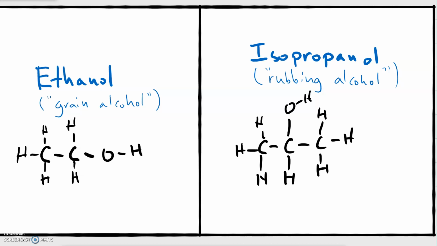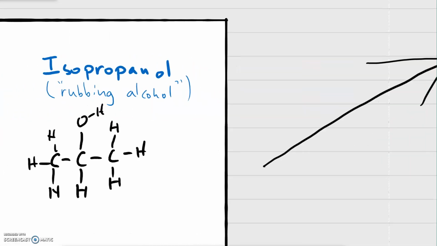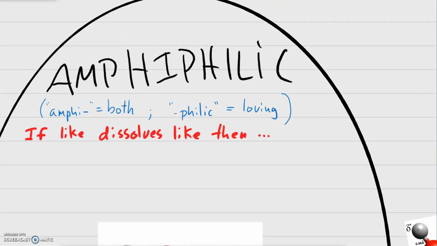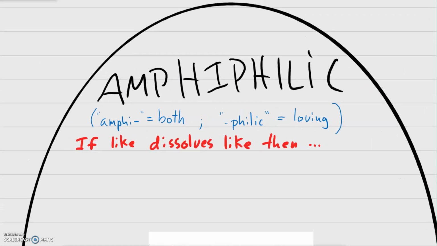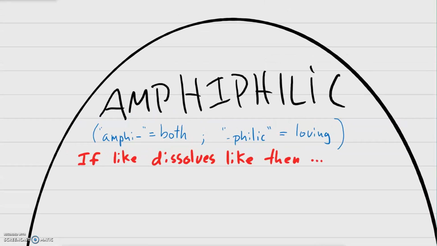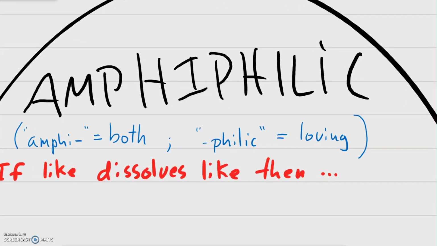So what's important about the chemical properties of these compounds that makes them effective in killing germs that can make us sick? Well, the most important property that both of these compounds have is that they are slightly amphiphilic. Amphiphilic is a word that means loving both.